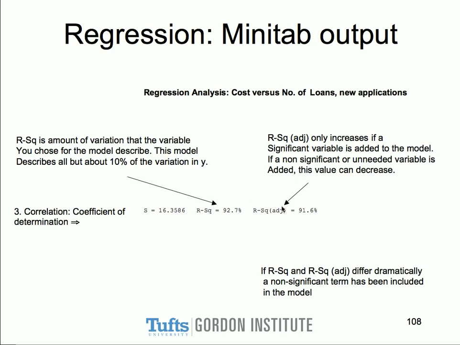It only increases if a significant variable is added to the model. Okay. So you may see a difference here. The one thing about R squared is that as you add a new independent variable or regressor, the R squared may increase, all right? But with R squared adjusted, if you add a regressor or independent variable that is not significant, it will decrease, okay?